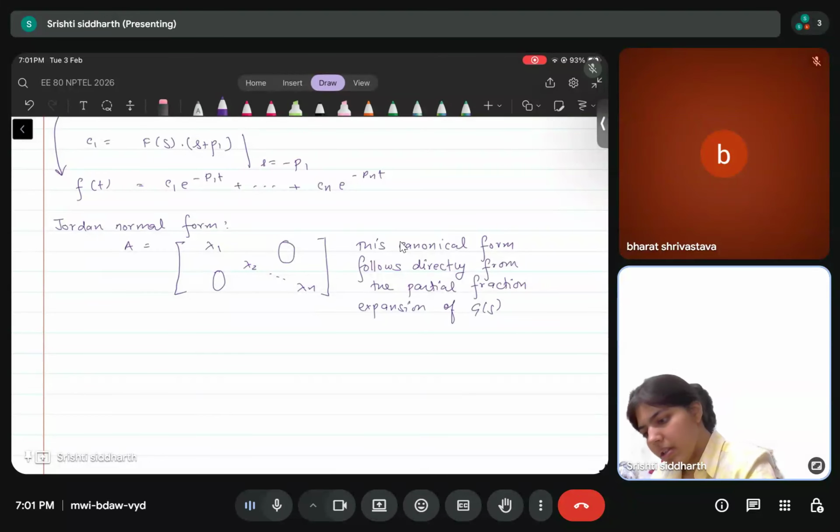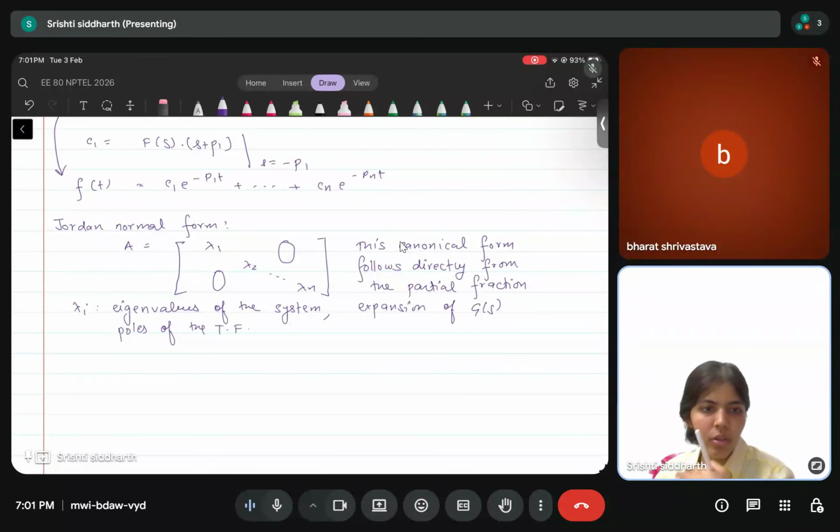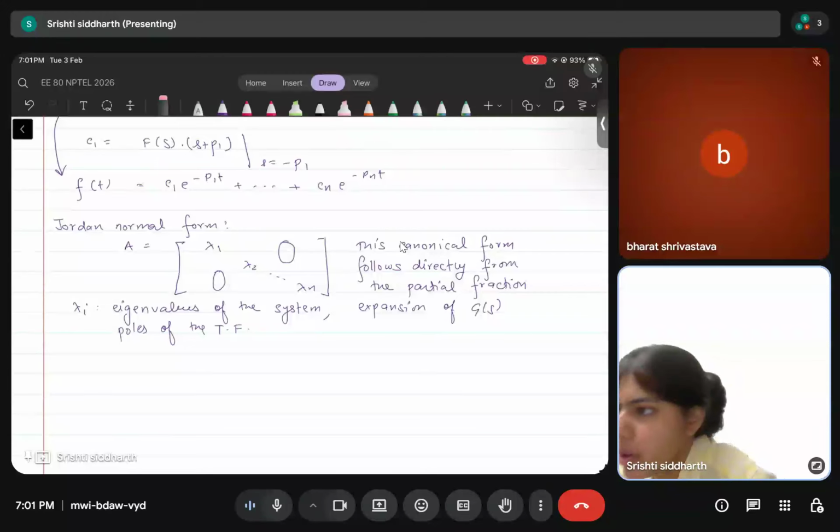The lambdas are the eigenvalues of the system, or the poles of the transfer function, that is, the roots of the denominator polynomial.